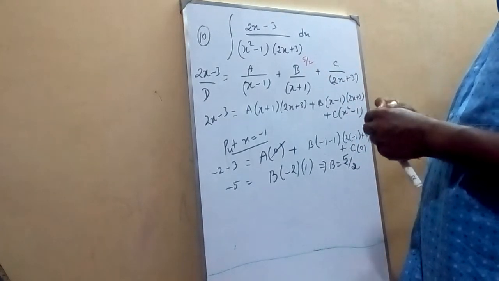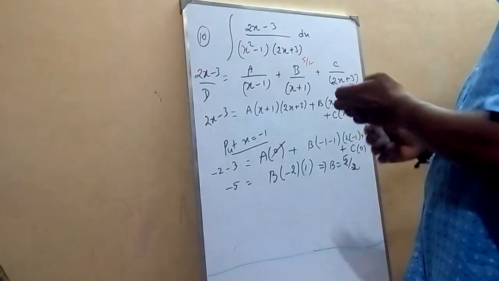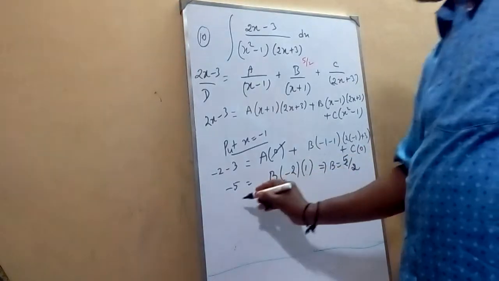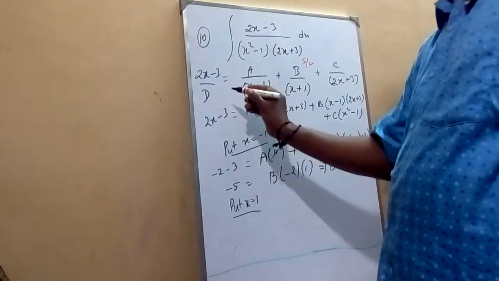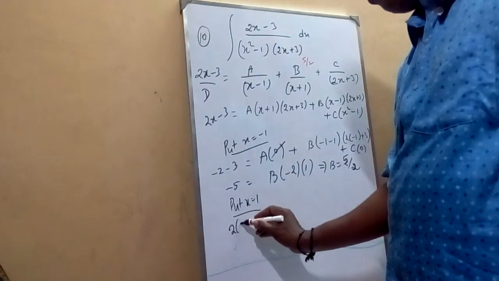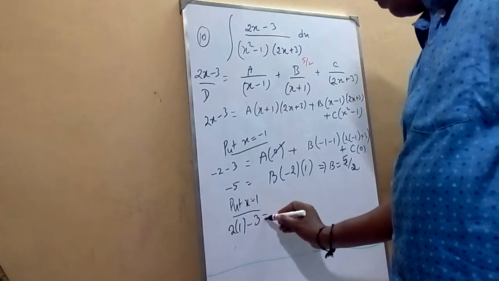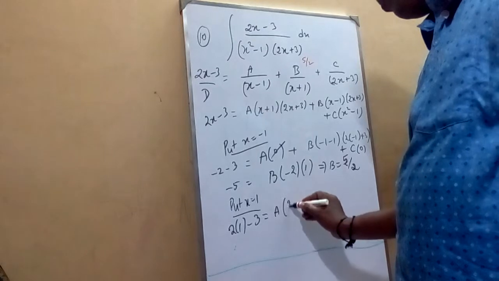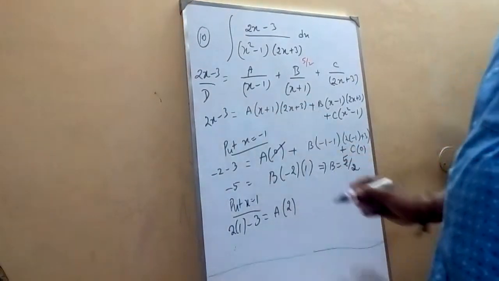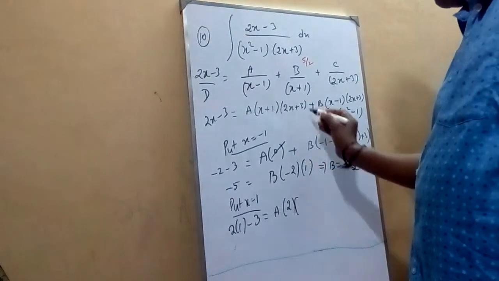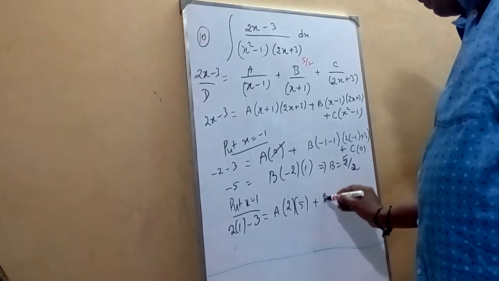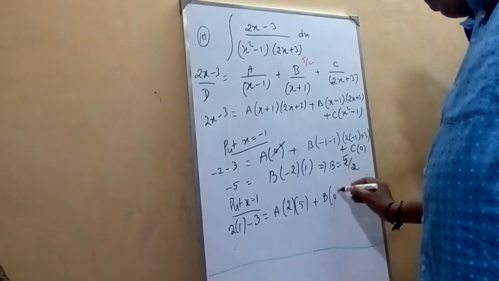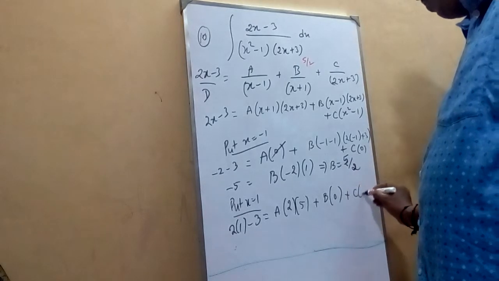Next we will put x equal to plus 1. At x equal to 1, 2 into 1 minus 3 is equal to A into (1 plus 1) is 2, 2 into (2 plus 3) is 5, plus B into 0 plus C into 0.